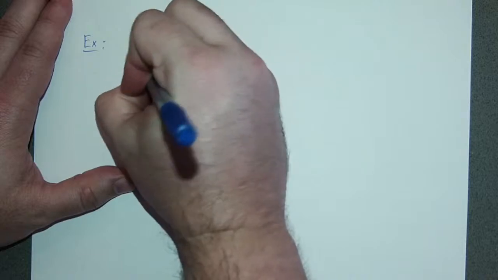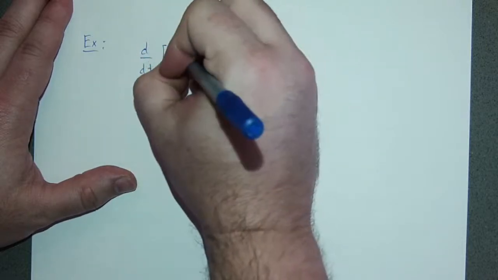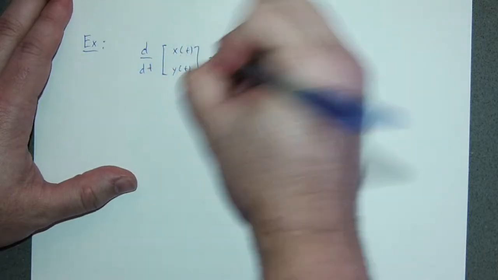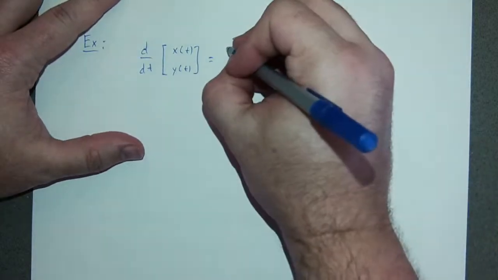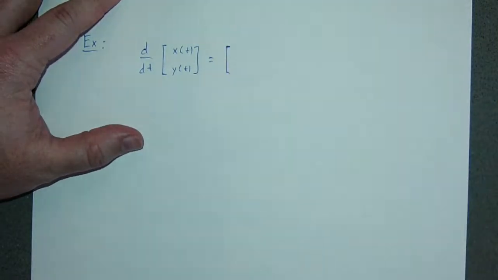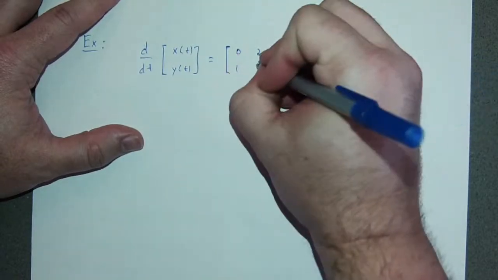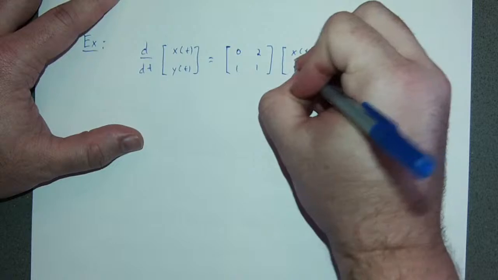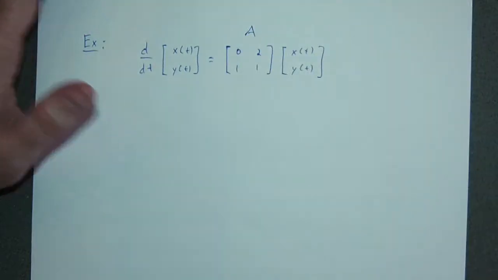Let's say we have the equation d/dt of (x(t), y(t)) equals A times (x, y), where A is [0, 2; 1, 1] times (x, y). So there's my A.